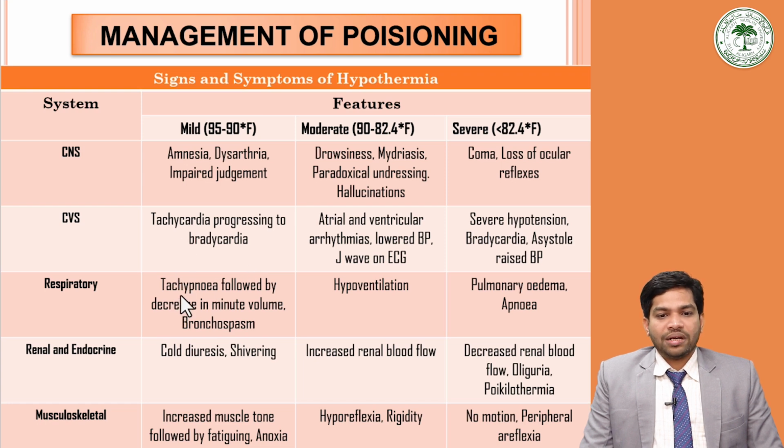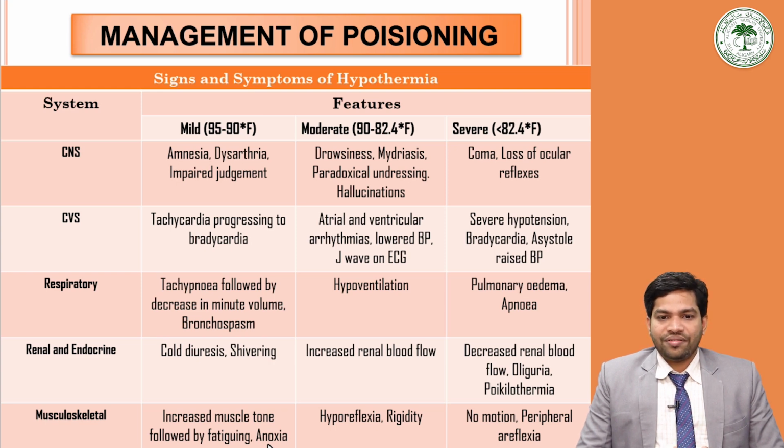In mild hypothermia, the patient will present with tachypnea followed by decrease in the minute volume and bronchospasm. Further, cold diuresis and shivering will be seen in mild hypothermia. And in the musculoskeletal system, increased muscle tone followed by fatigue and anoxia will be seen.